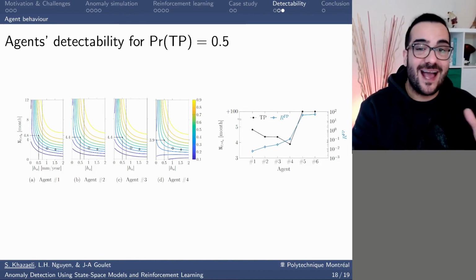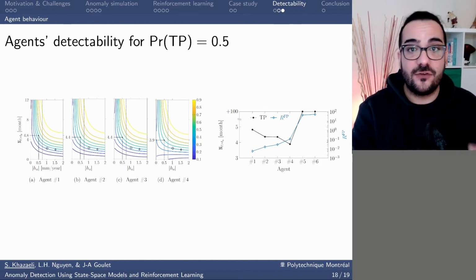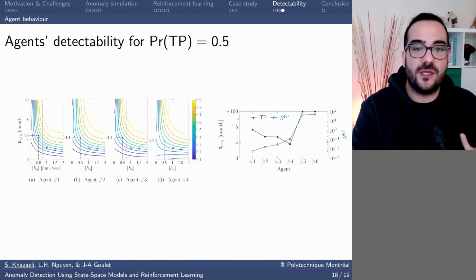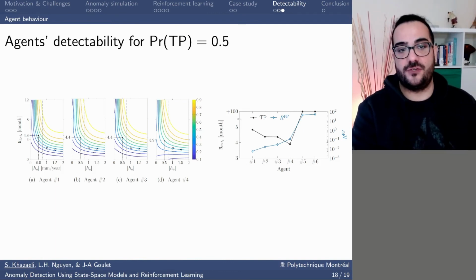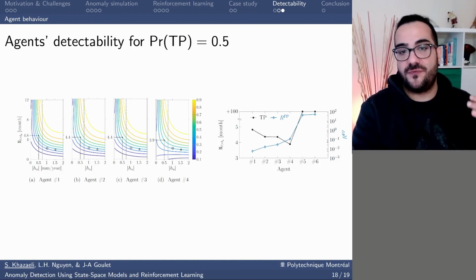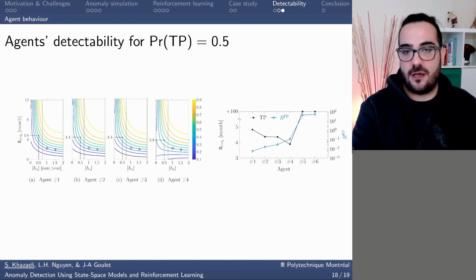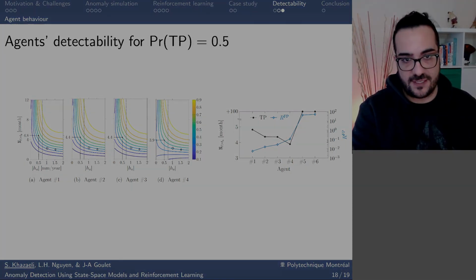We can see that as the agent triggers the alarm earlier, it is at the cost of an increase in false positive ratio. So choosing the agent is up to our expectations of to what degree we can accept the false positive ratio. On a side note, agents 5 and 6 are inadmissible as they trigger the alarm all the time. Their illustration here is just for the sake of comparison.